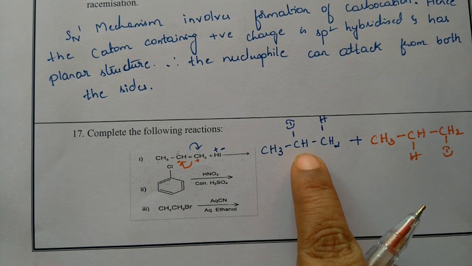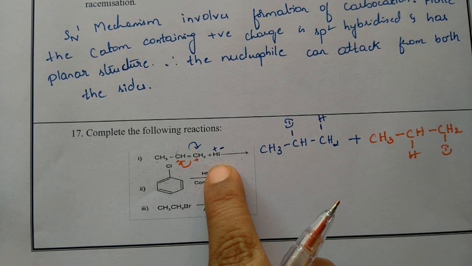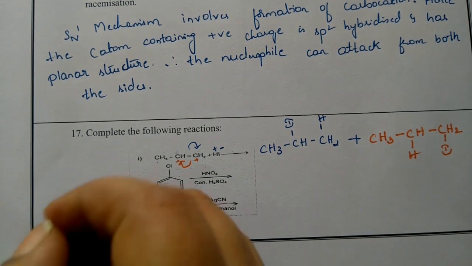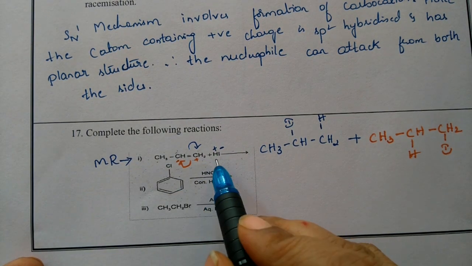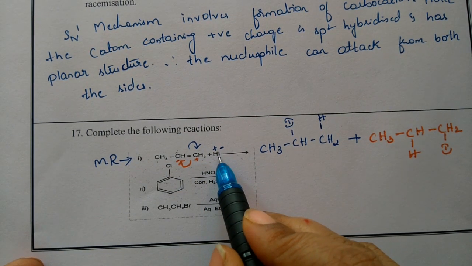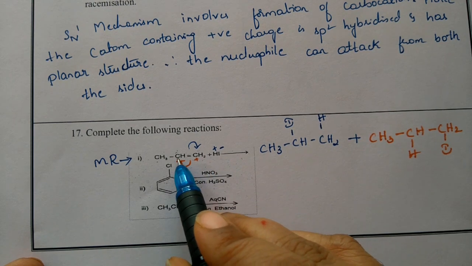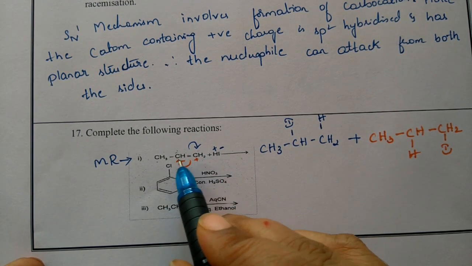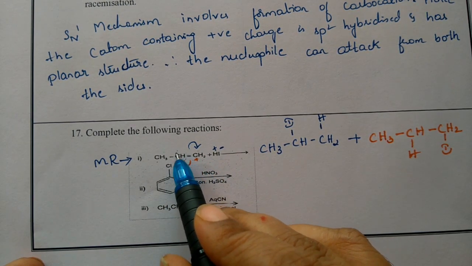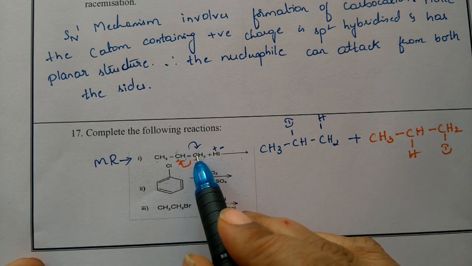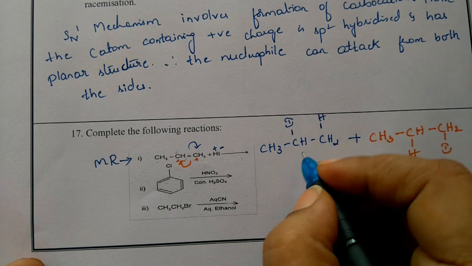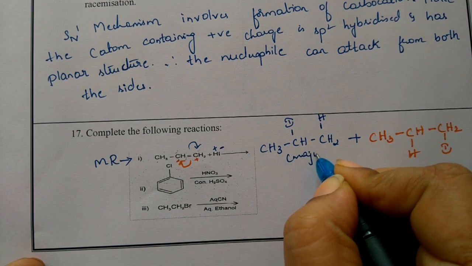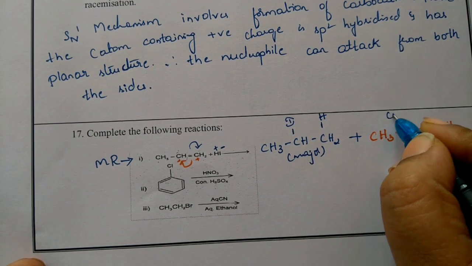Now you observe, according to Markovnikov's rule, the negative part of the adding molecule, that is I minus, should add to the carbon containing less number of hydrogens. This is having only one hydrogen, this is having two. So I minus should be added to this middle carbon. So that is our major product and this is our minor product.